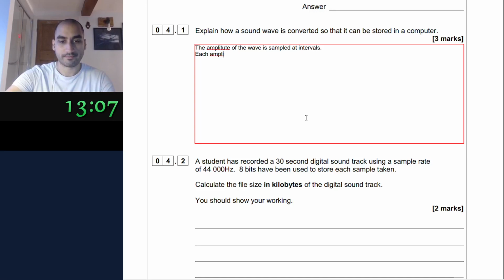Each amplitude value is stored using a fixed number of bits to specify the precision.